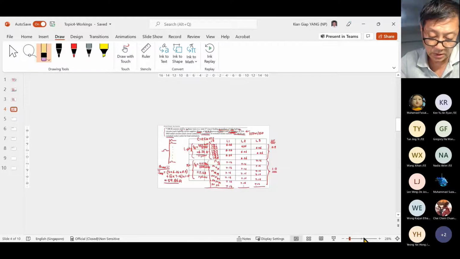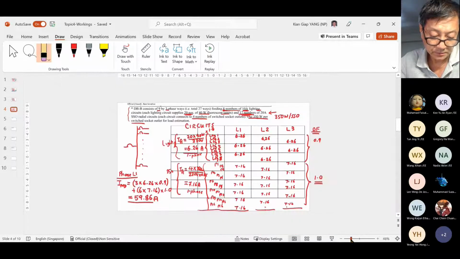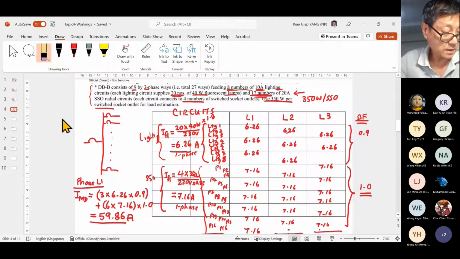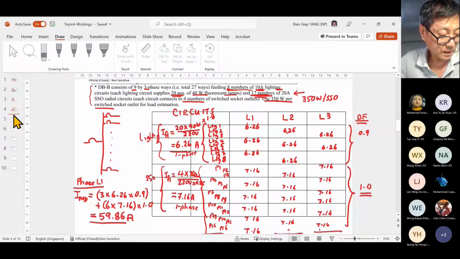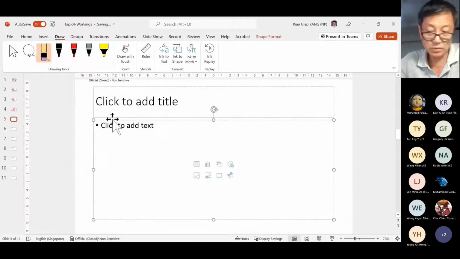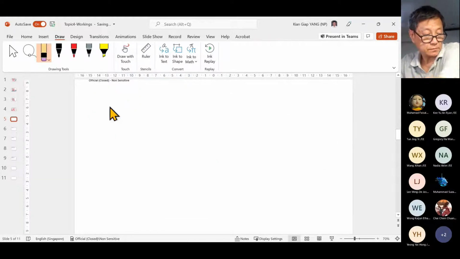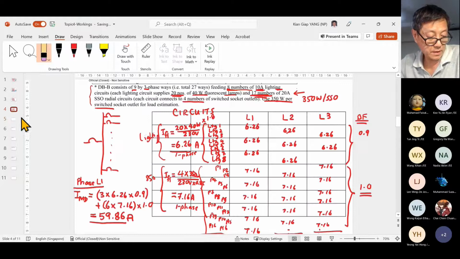So what I can do is I just remember what I have done. I'm going to create another table, another slide, and I'm going to do the calculation here.